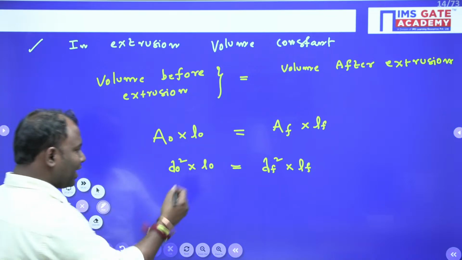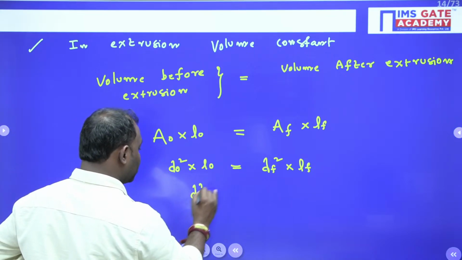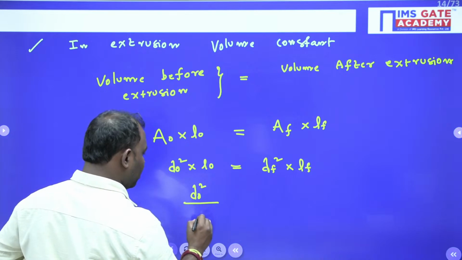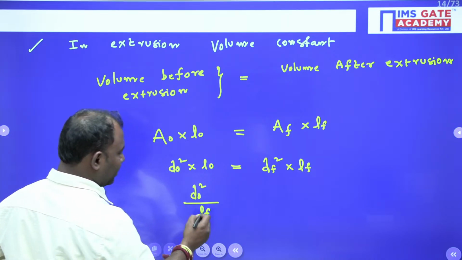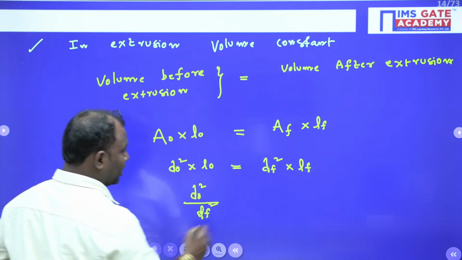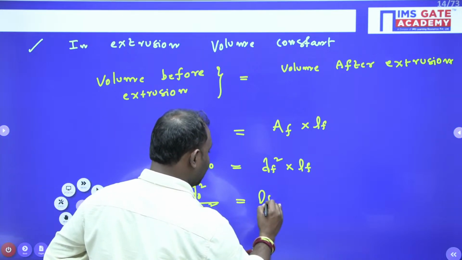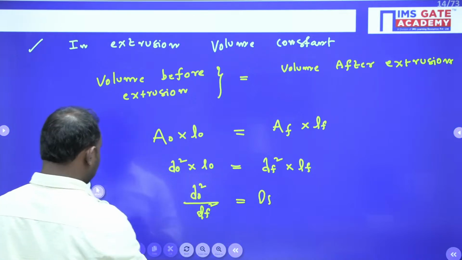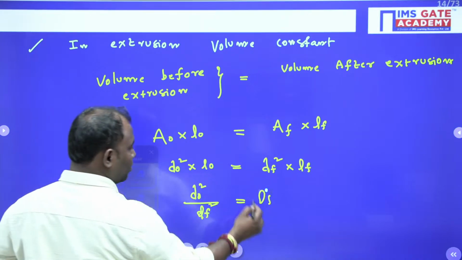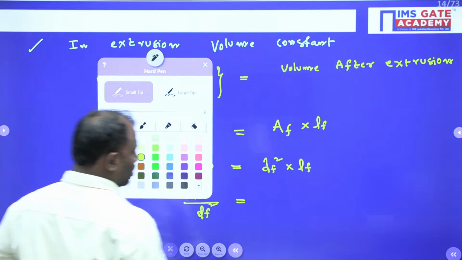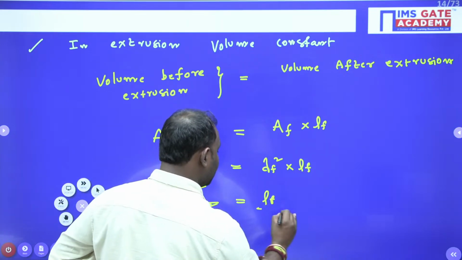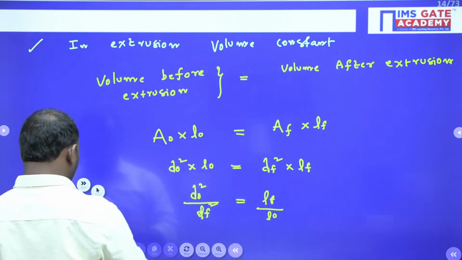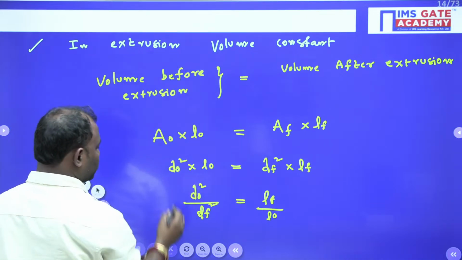That is why I can write the relation: d naught square by df square is equal to LF by L naught. This is one relation in extrusion.